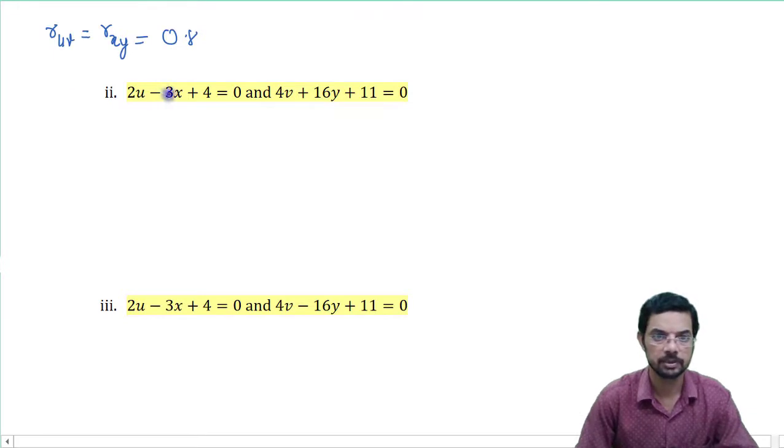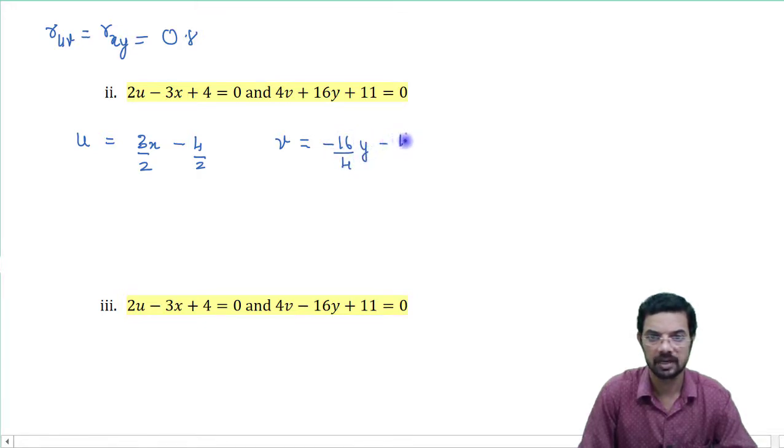The second problem: you need to write this as u is equal to 3x minus 4, divided by 2, and v becomes minus 16 by 4 into y minus 11 by 4. Here the scale factors have different signs.